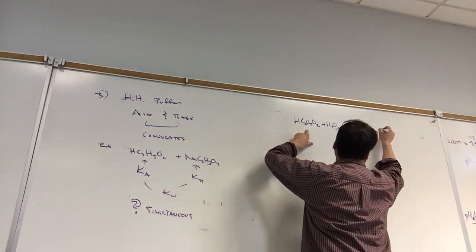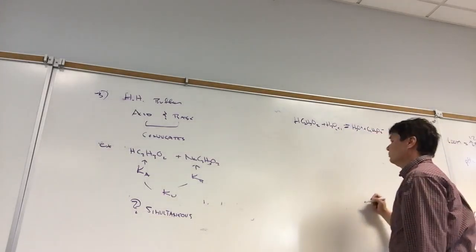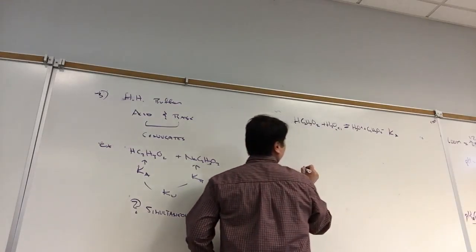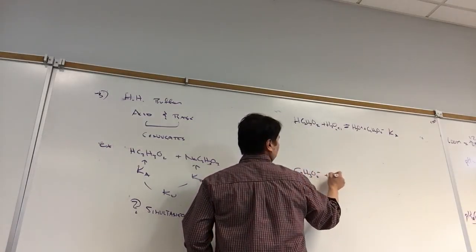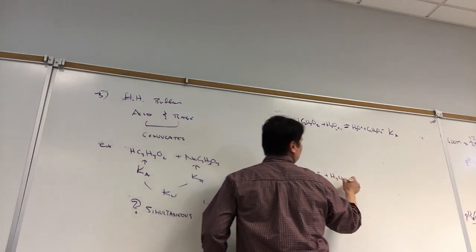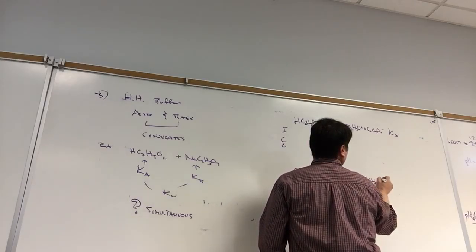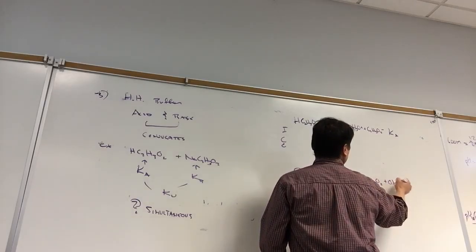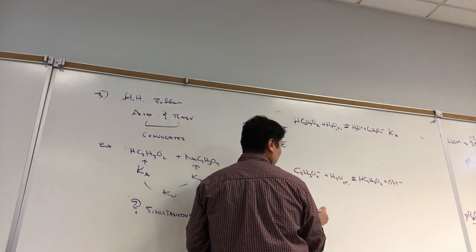This is our Ka, or Kb. So I do an ice table here, right? Kb would be here. Do an ice table here, and then Kw.